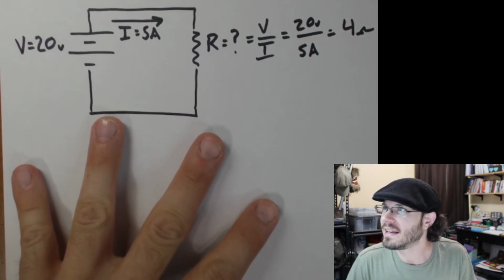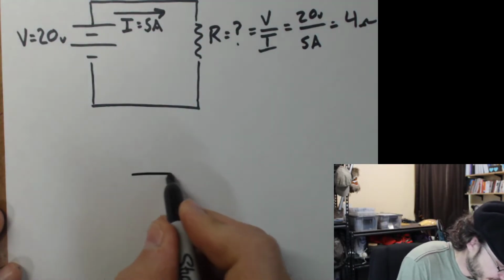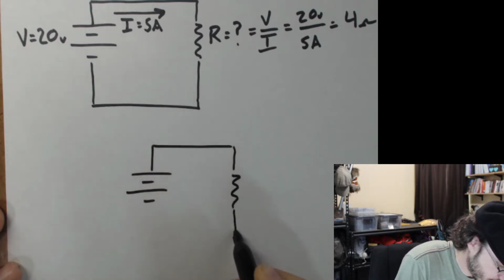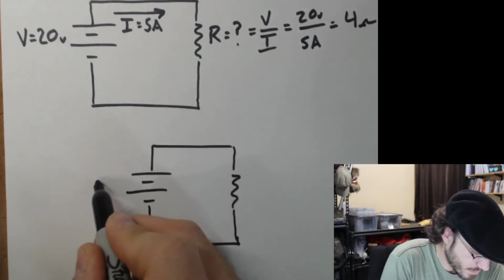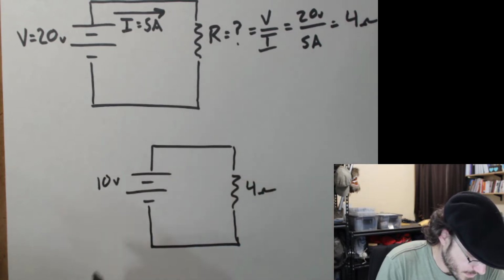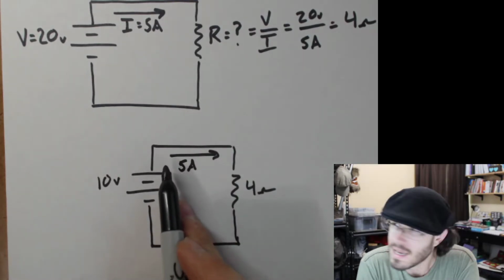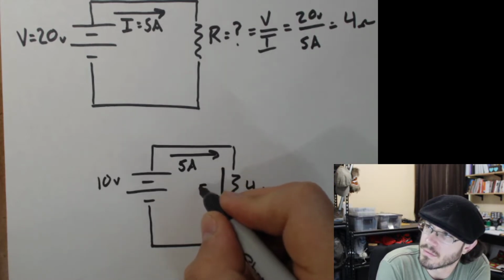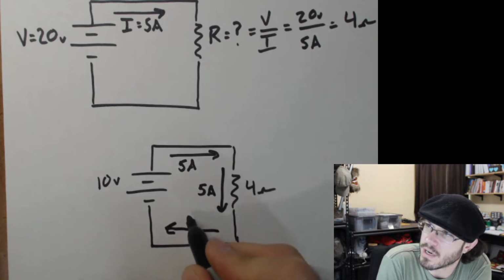Now let me go ahead and kind of express a few things about this situation in the schematic. If I have 5 amps going through here, I have 5 amps going through here.